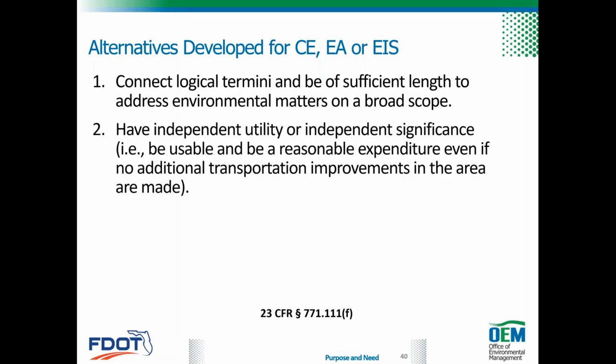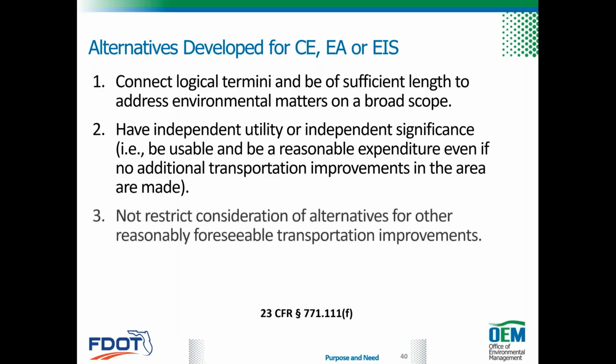In other words, be usable and be a reasonable expenditure, even if no additional transportation improvements in the area are made. And lastly, they should not restrict consideration of alternatives for other reasonably foreseeable transportation improvements. And this is pursuant to 23 CFR 771.